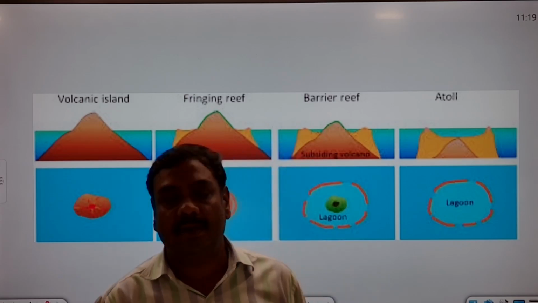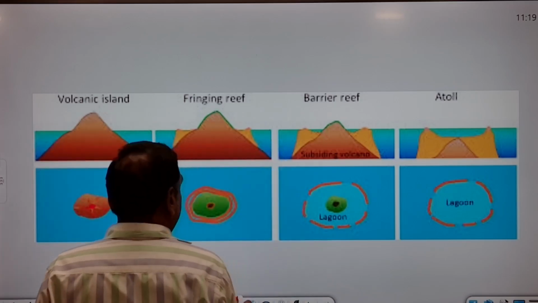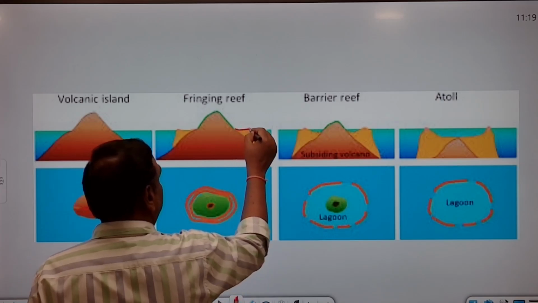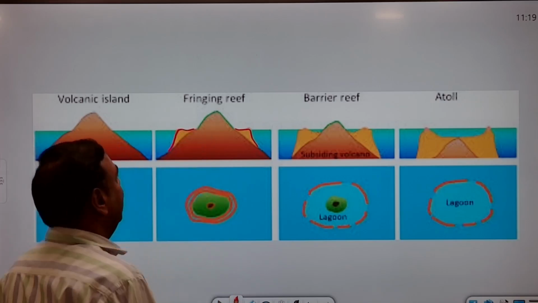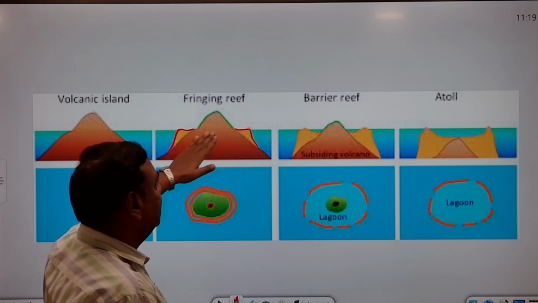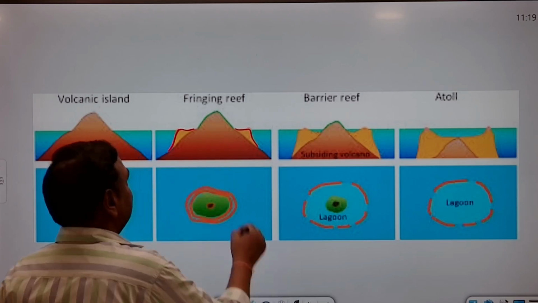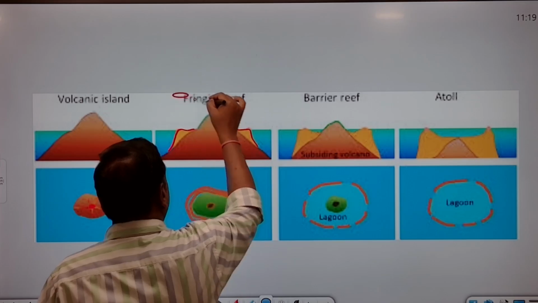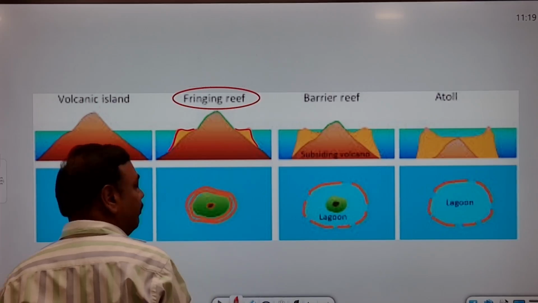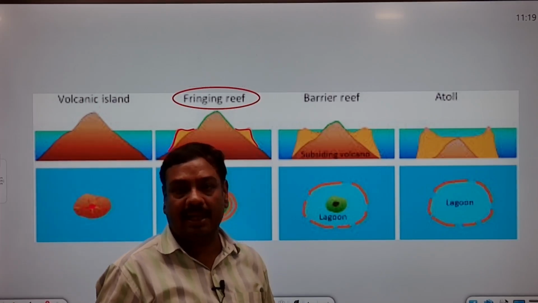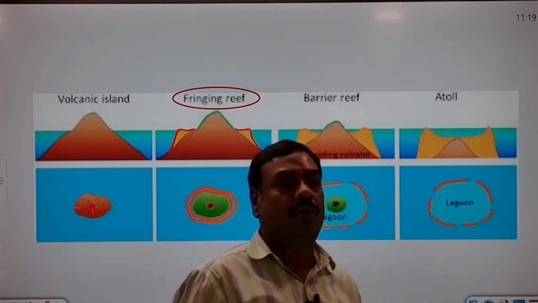Once you see here that coral reefs are formed in such a way that the deposition of skeletons of corals is seen up to the sea level, such kind of coral reef has been called as fringing reef. Fringing reef is one of the types of coral reefs, right?